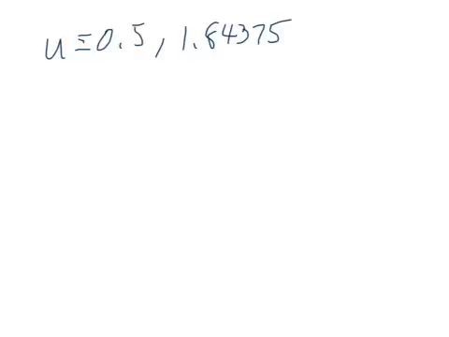So that quadratic actually works out pretty nice. u is 0.5, or a half, and 1.84375, which is like 59 over 32, I think. So we'll go back and say, well, we didn't really want u, did we? We wanted t, or we wanted theta.